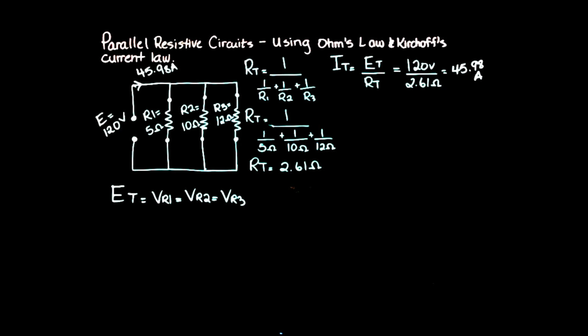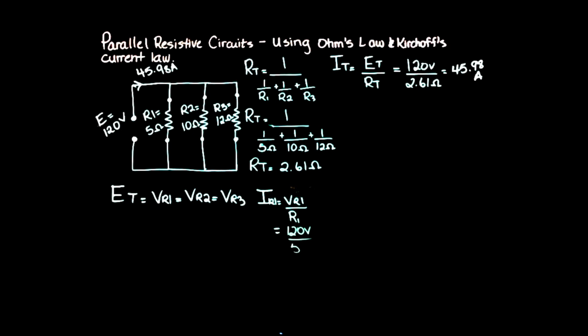So the current that is flowing through the first resistor can be found using IR1 equals VR1 divided by R1. Voltage, again, is constant. The value of voltage across resistor 1 is 120 volts.